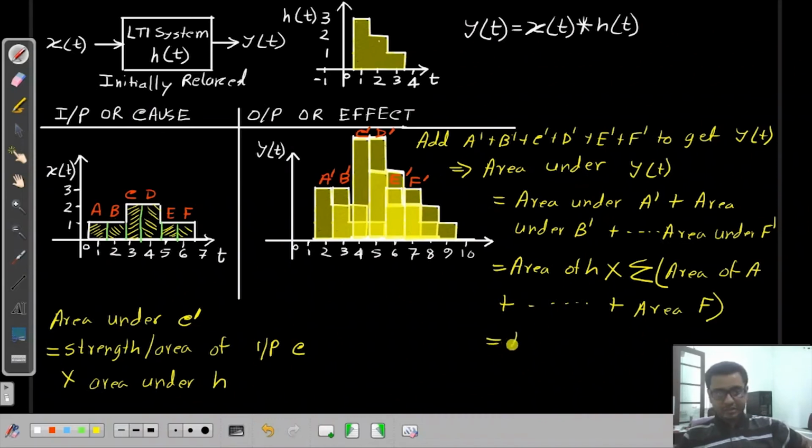So this becomes the area of h multiplied by the area under x.